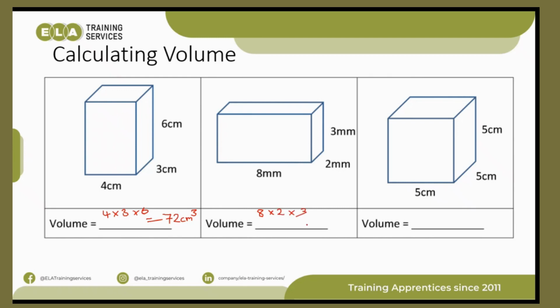So 8 times 2 is 16, times by 3, which is 48 millimetres cubed. And then our last one, 5 times 5 times 5 would be 125 centimetres cubed. So that, well done if you got all of those, is calculating volume.